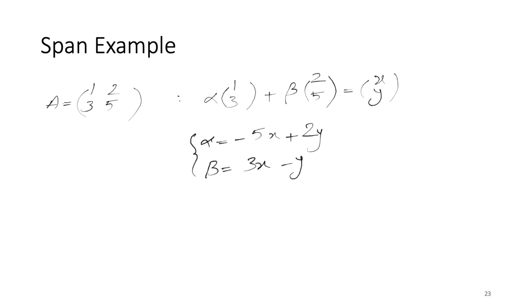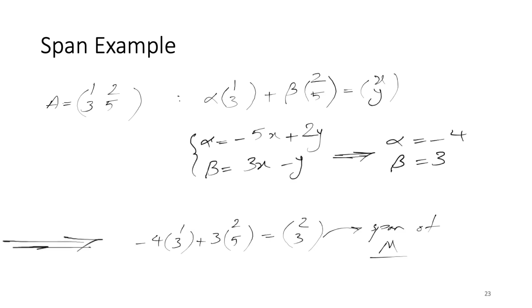You're going to have alpha equal to minus 5x plus 2y, and the second one is going to be 3x minus y, right? You find the alpha and beta. Thus, your matrix A can be represented this way, and we call it the span M of the matrix A.